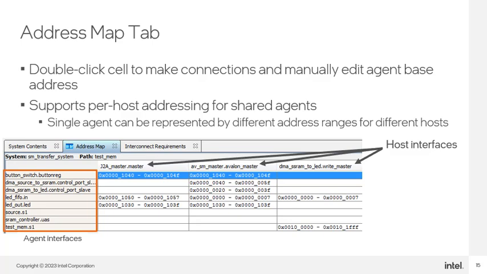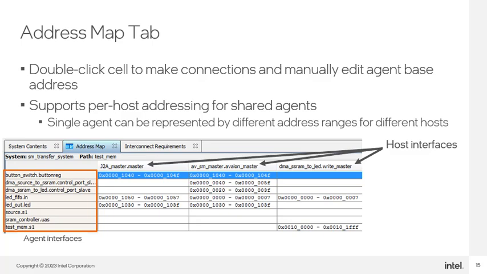If a particular agent is connected to a host, the cell representing their intersection is filled with the agent's address span as that host sees it. By default, each agent is assigned the same address range for all hosts that connect to it. Just like on the System View or System Contents tab, you can double-click a cell and edit the address for an agent's connection to a host.